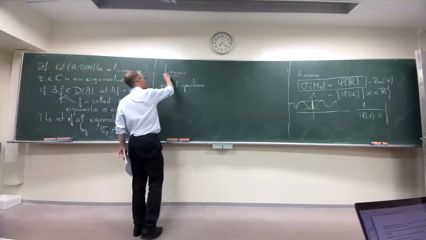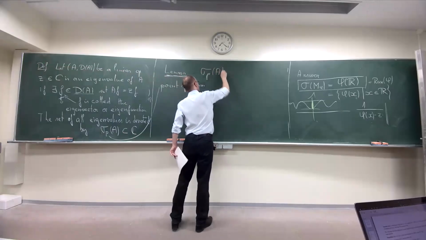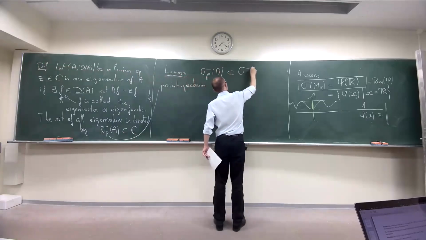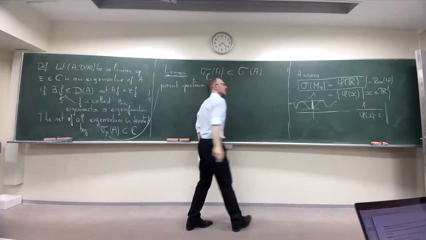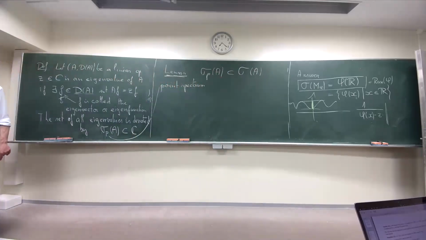Lemma: the point spectrum, so the set of eigenvalues, is always in the spectrum of A. This is a one-line exercise. Why? Check the definition of spectrum.